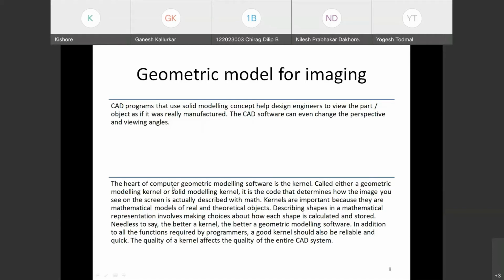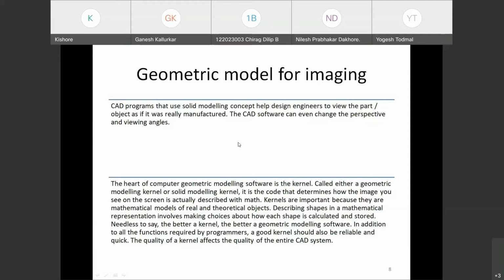The heart of computer geometric modeling software is the kernel. It is called either a geometric modeling kernel or a solid modeling kernel. Both of them mean one and the same thing, depending on the industry that you are in. It is the code that determines how the image you see on the screen is actually described with maths. Now we have been talking about how each of the features of a given solid can be represented using certain functions, isn't it?